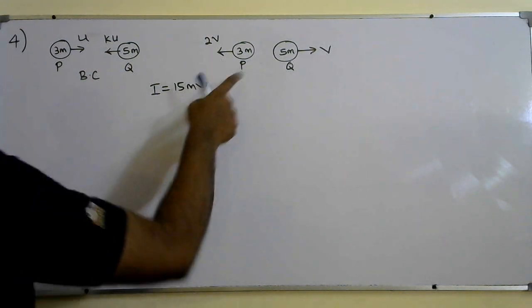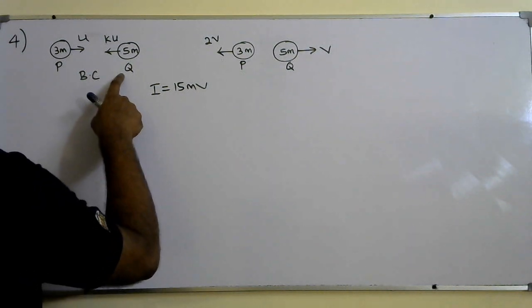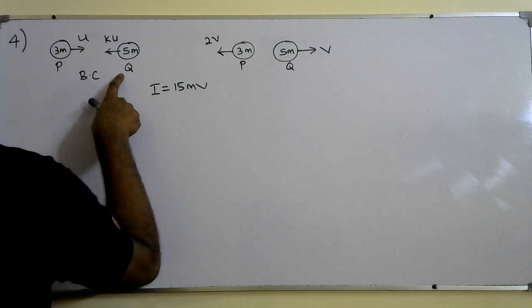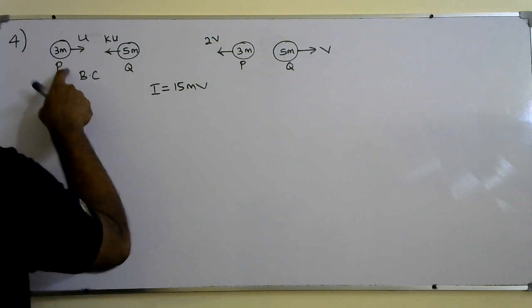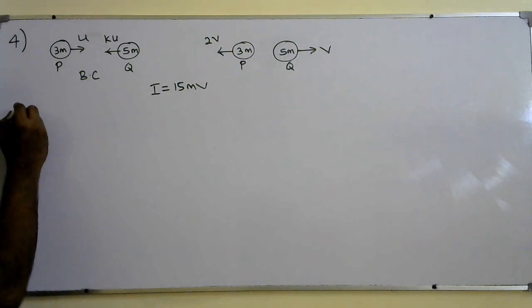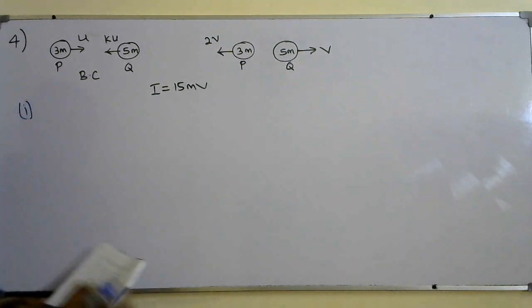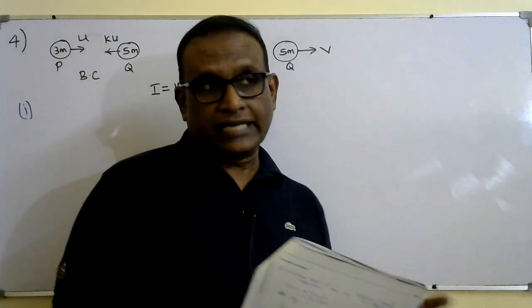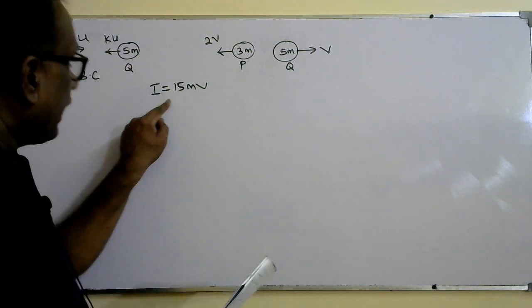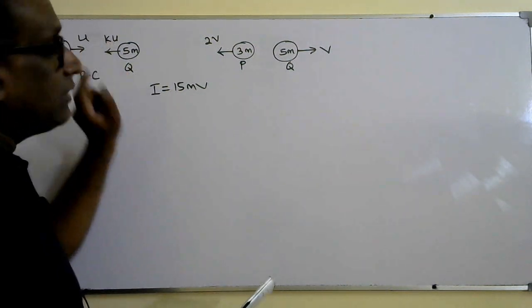There's k for particle Q, which has ku. First, we want a relationship between u and v. If I try to use particle Q and the impulse, I'll have trouble because k will appear in my equation.